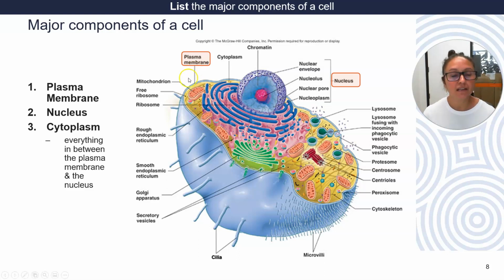Yeah. The plasma membrane is like the outer surface of the cell. Yeah? And inside the plasma membrane we have the biggest structure that you can see, which is the nucleus. Okay? Now, what is the cytoplasm? The cytoplasm is everything between the plasma membrane and the nucleus. That's pretty easy, isn't it?